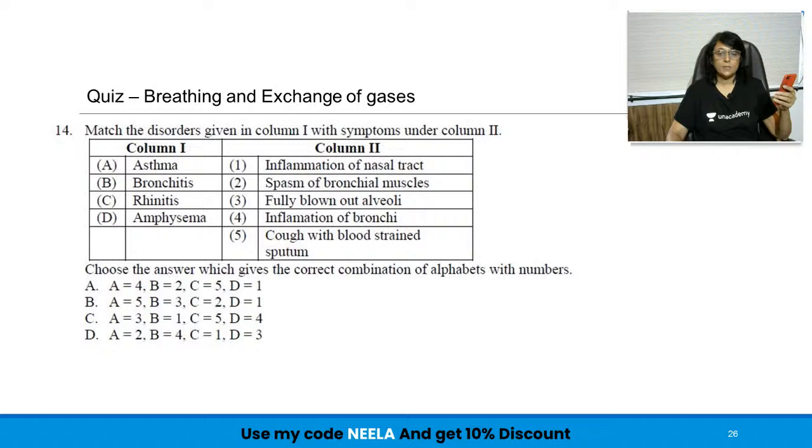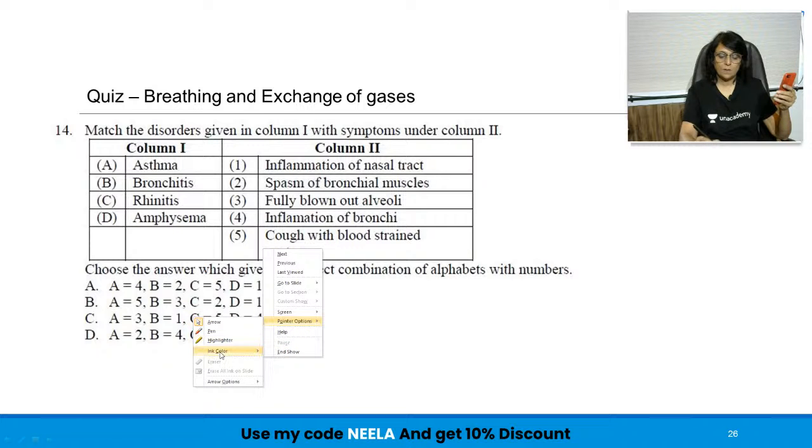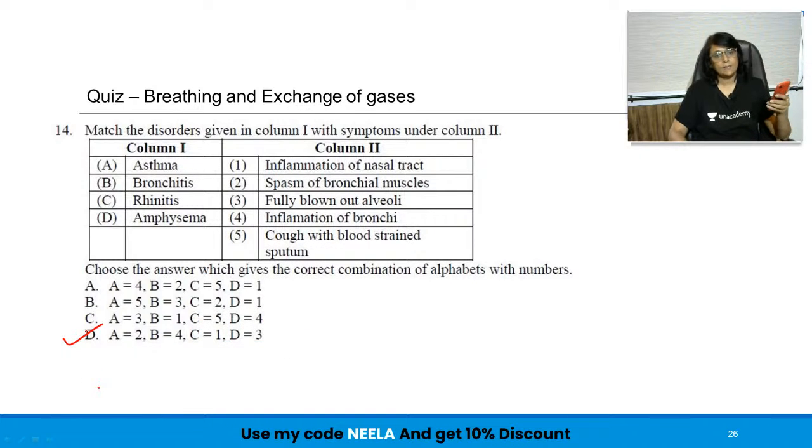Reena also says D. Okay, the correct answer is D. Those who could not get it, for A, it is the spasm.